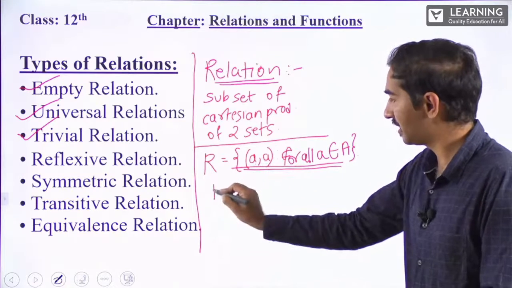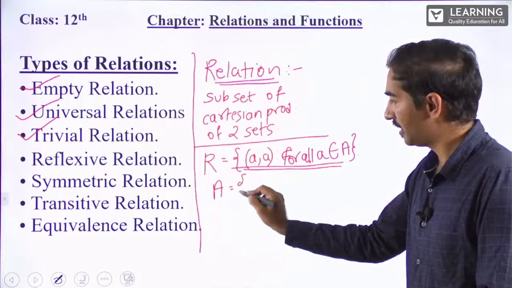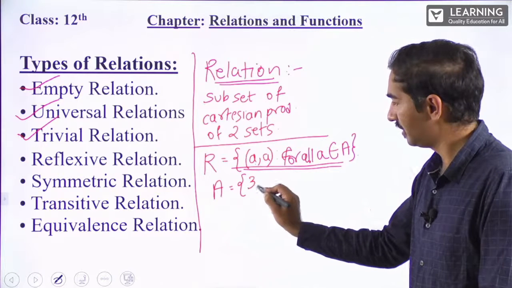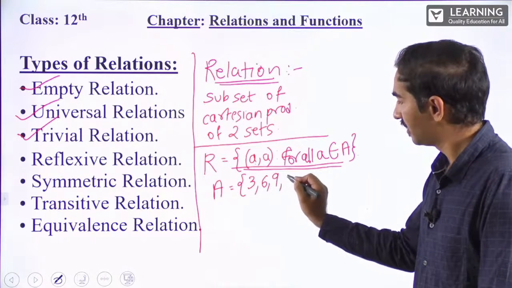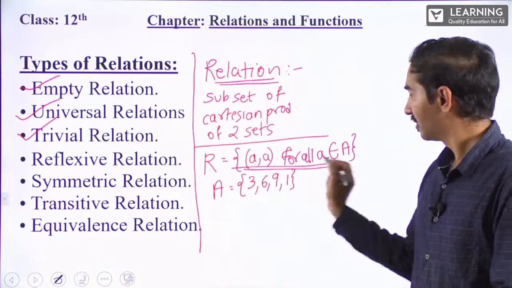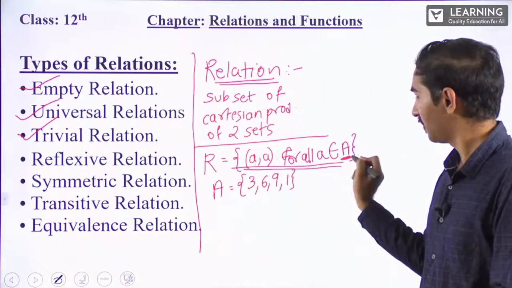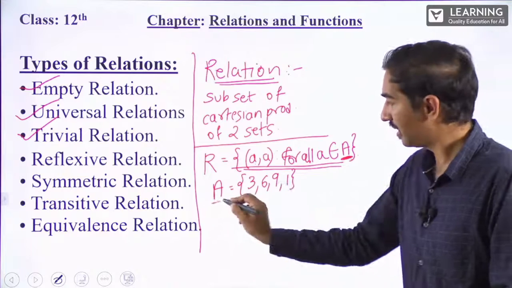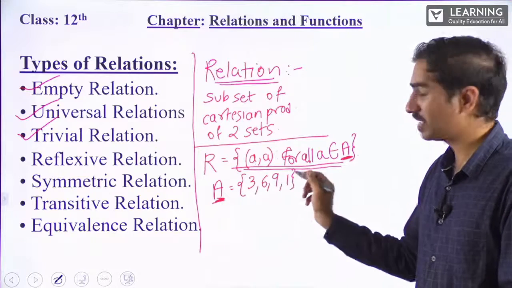Alright, we'll take one small example. Let us take set A equal to {3, 6, 9, 1}.